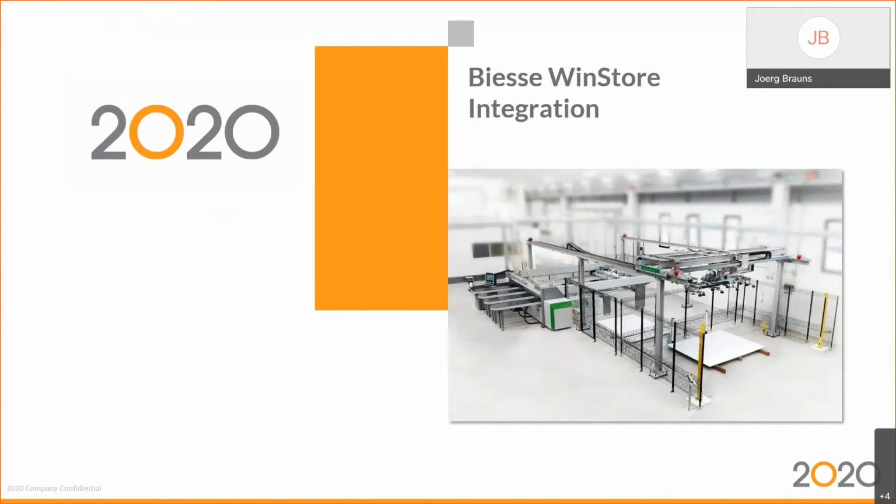We have worked with our customers, some who already have the Biesse WinStore system in place, and also with Biesse itself, on providing the correct information to feed the WinStore system, so that it can work with the inside data and does all the rainbow stacking, knows where the parts are, which sheet needs to go for pre-labeling, how to put the label on it, and how to machine it later on, so that you get the desired outcome after cutting.